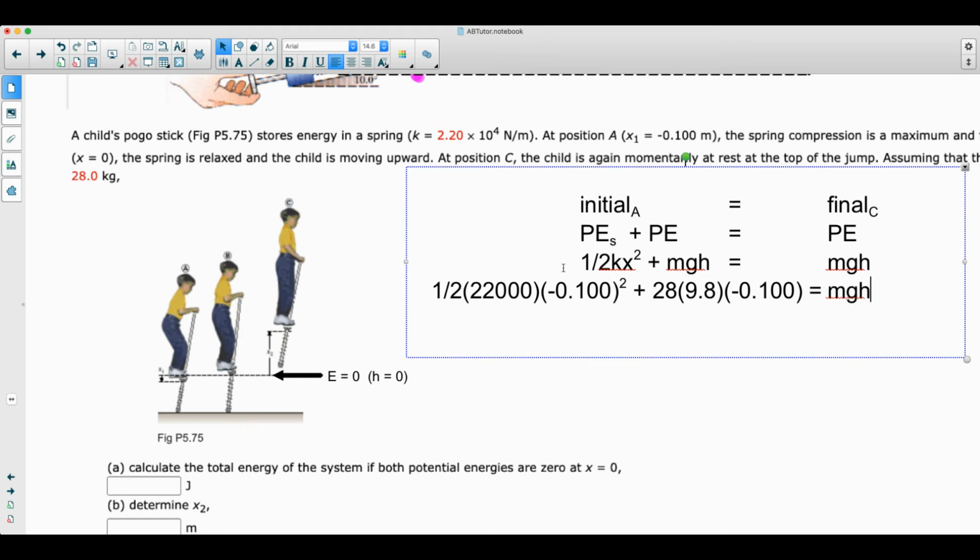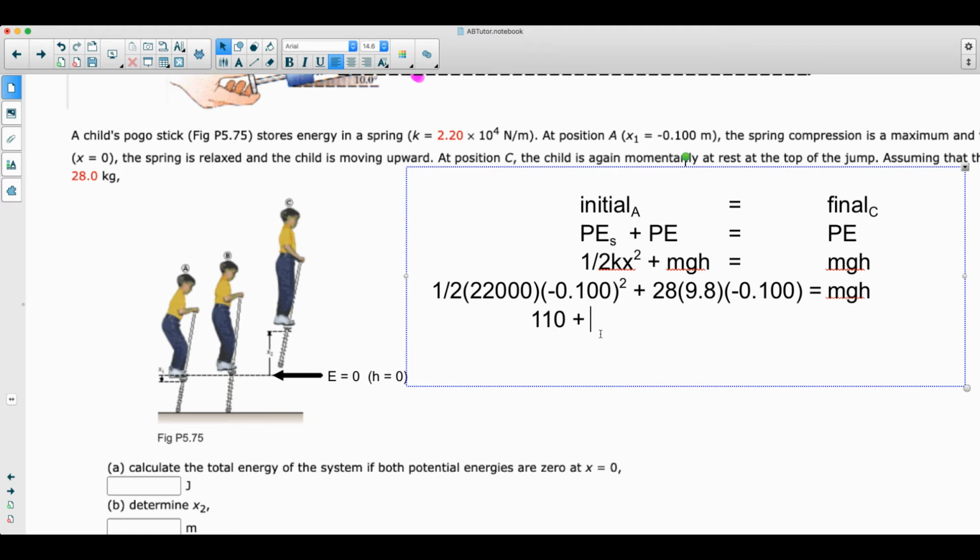The total energy then is this. It is not just 110. It is now 110 plus 28 times 9.8 times 0.1. I'll put that in the calculator to get it just right.